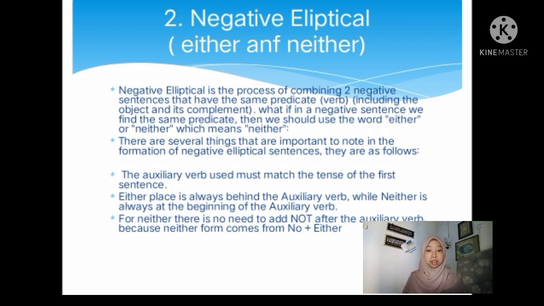There are several things that are important to note in the formation of negative elliptical sentences. The auxiliary verb used must match the tense of the first sentence. Either is always placed behind the auxiliary verb, while neither is always at the beginning of the auxiliary verb. For neither, there is no need to add not after the auxiliary verb because neither comes from no and either.